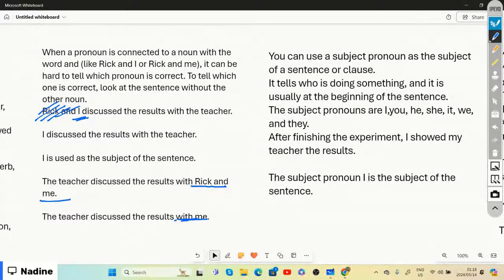First it says that I discussed the results with the teacher, which shows that I am the subject doing the action within the sentence. But then the next sentence is the teacher discussed the results with Rick and me. Then that is the object pronoun, because the teacher discussed the results with us and not the other way around.